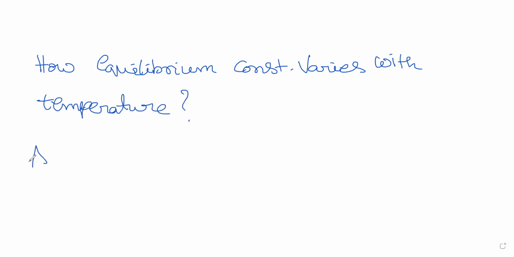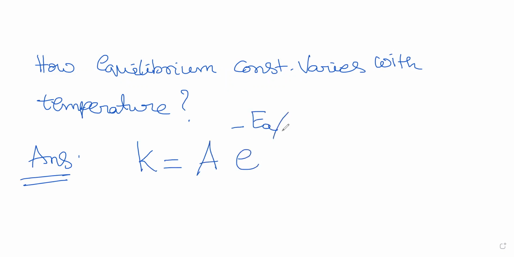It varies with temperature as per the Arrhenius equation: K is equal to A into e to the power of minus EA by RT.